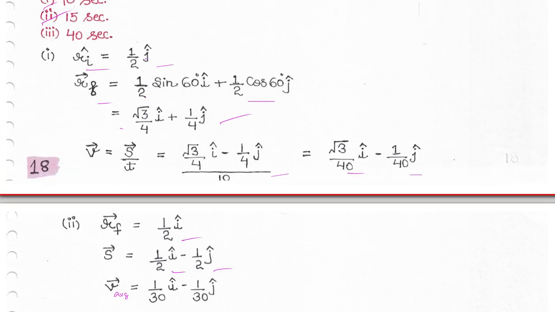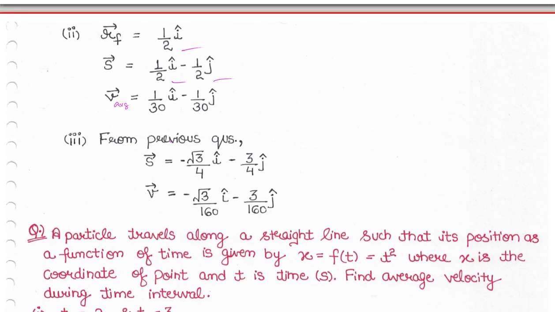Okay, for 40 seconds, similarly you can write s is equal to minus root 3 by 4 i cap minus 3 by 4 j cap, as it represents displacement. Now average velocity v average is equal to minus root 3 by 160 i cap minus 3 by 160 j cap.